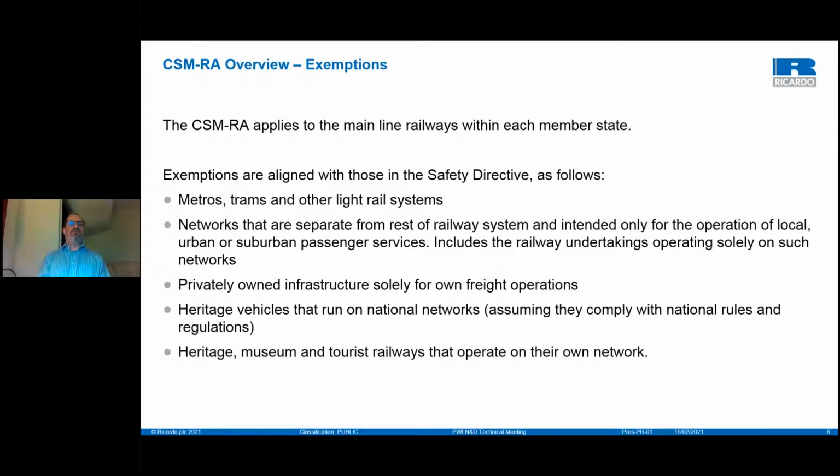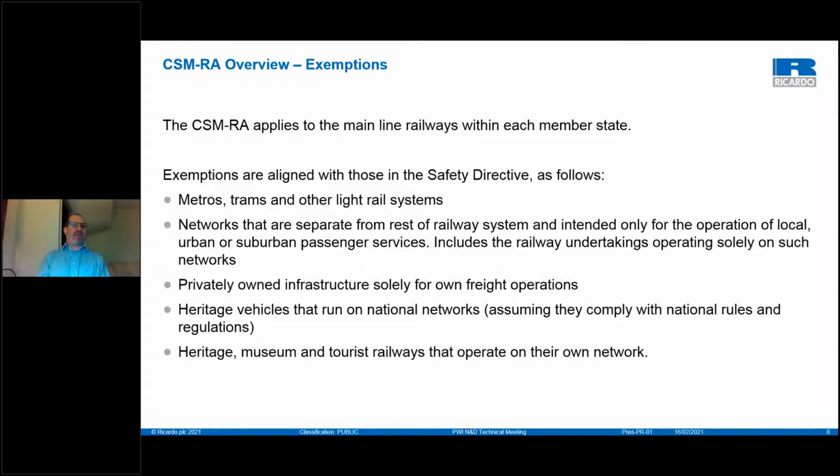In terms of vehicles, heritage vehicles, it's not practicable to reverse engineer heritage vehicles to comply with the requirements of the national network that's necessarily derived from CSM.